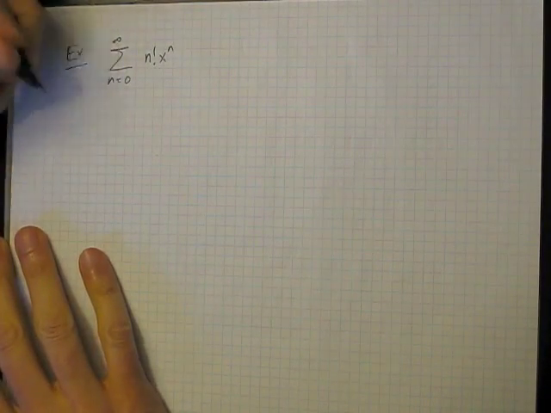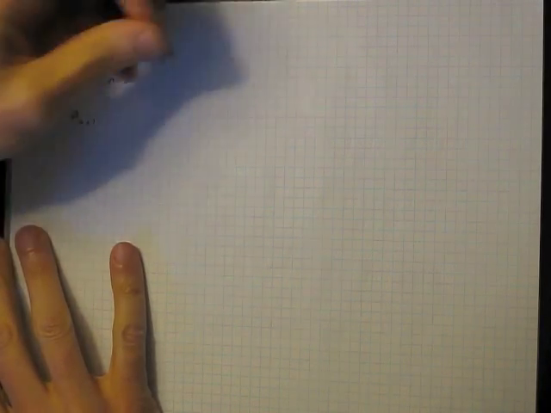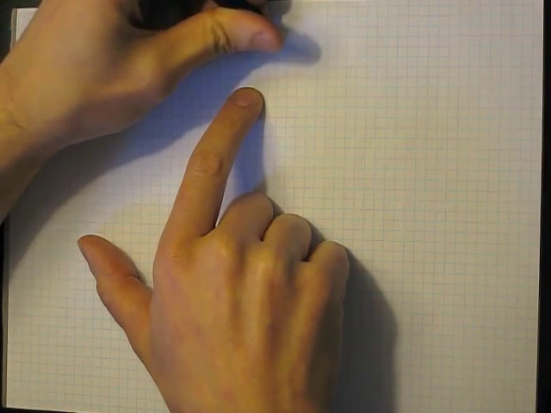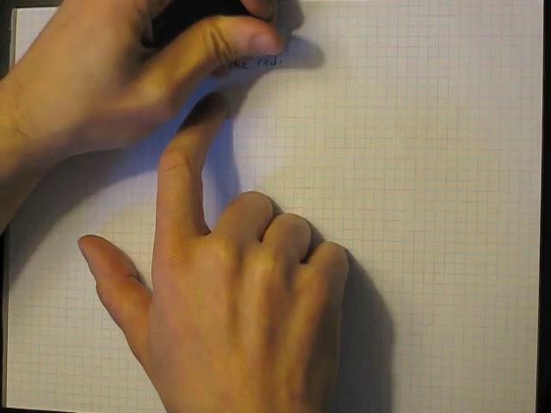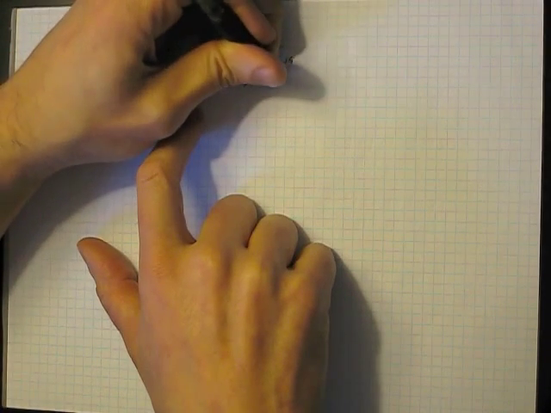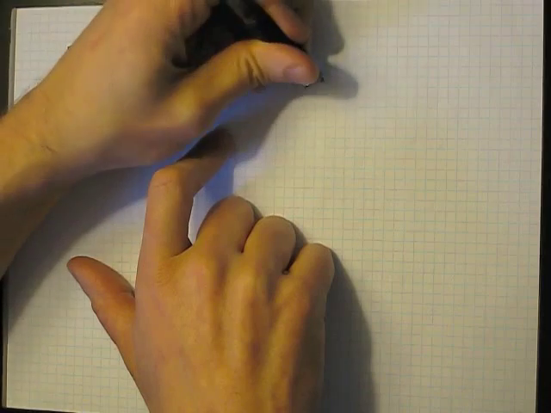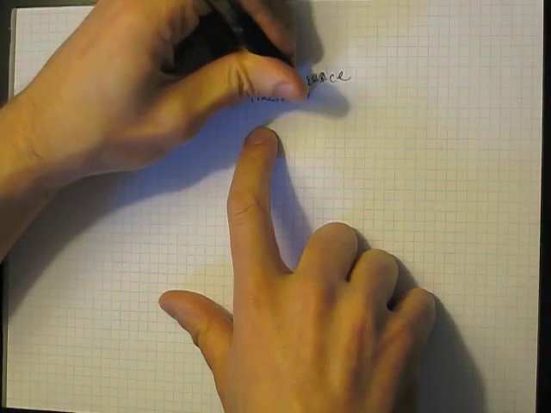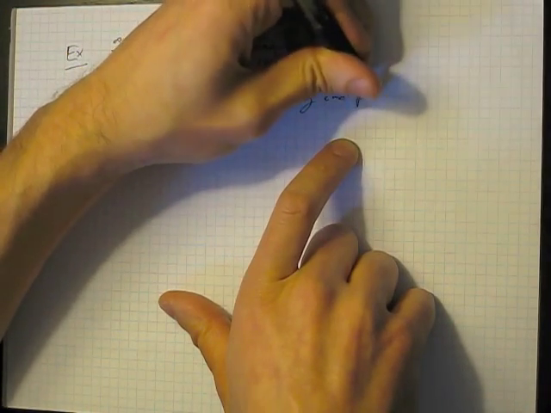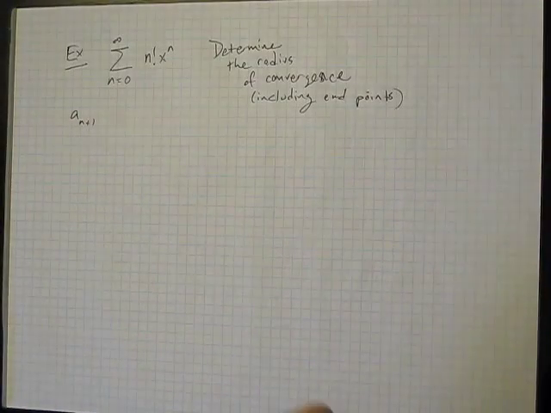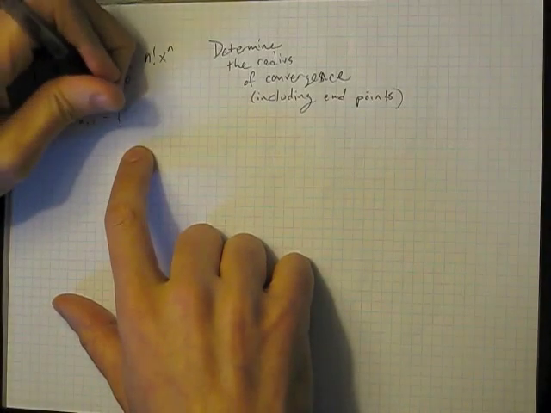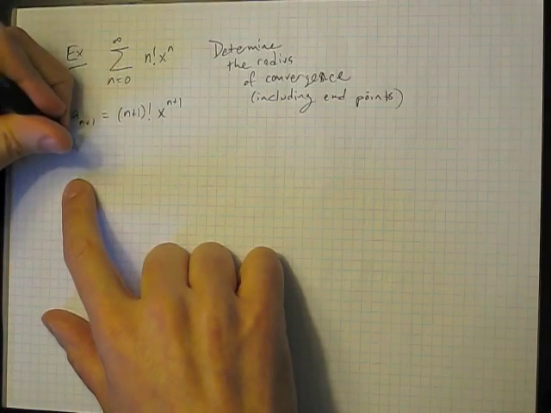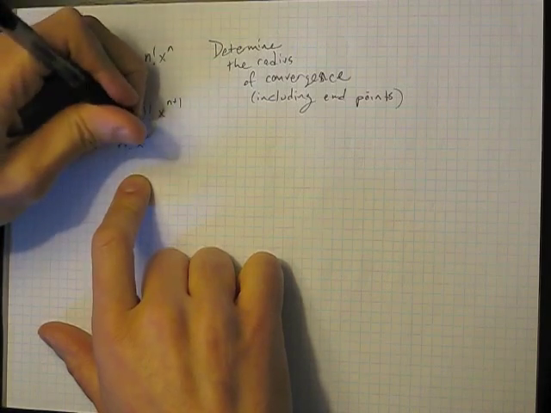So here are a_{n+1}, okay, determine the radius of convergence, including the endpoints. So a_{n+1} in this case is n plus 1 factorial times x to the n plus 1. a_n is n factorial times x to the n.